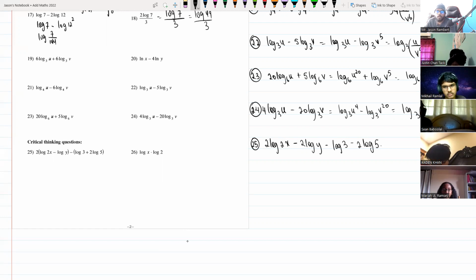I will send all the numbers as powers. Be careful when you're sending the number as a power. This is log of the number to the power, minus log of the number to the power, minus log of 3, minus log of 5 to the power of 2.